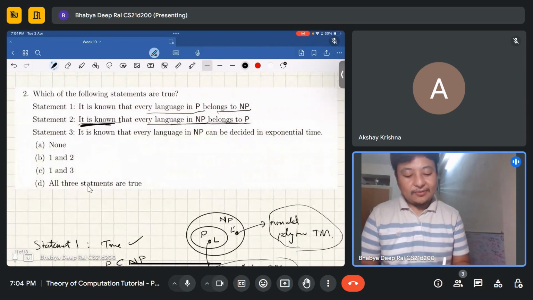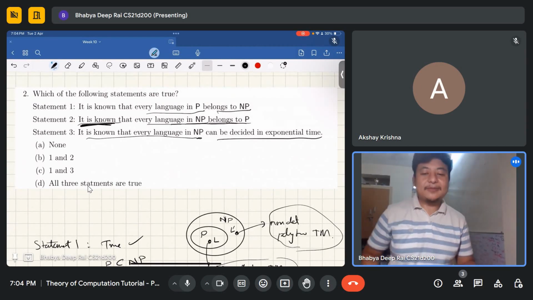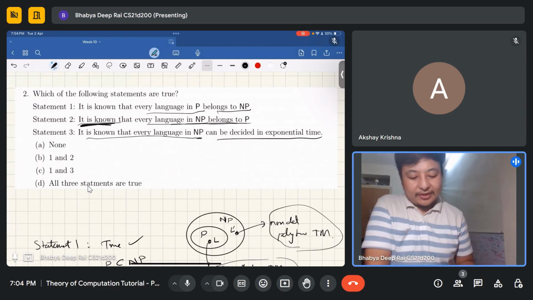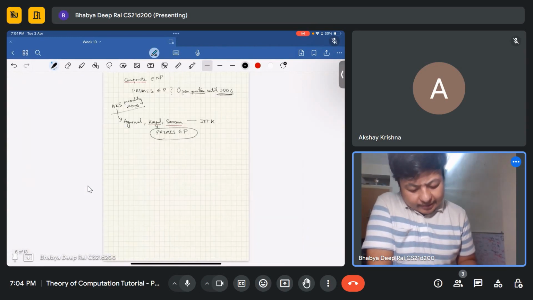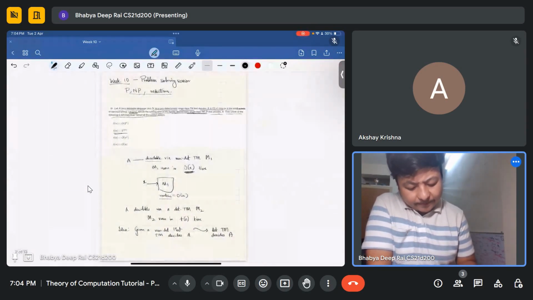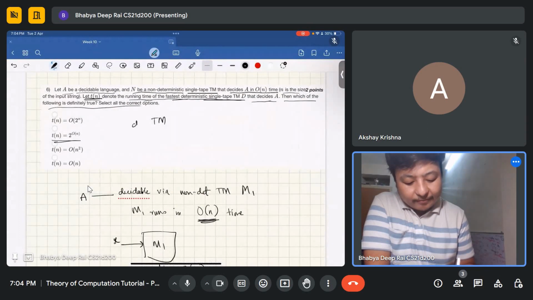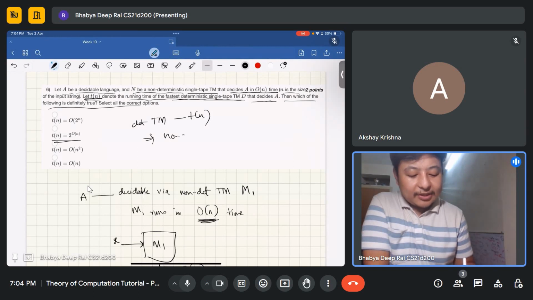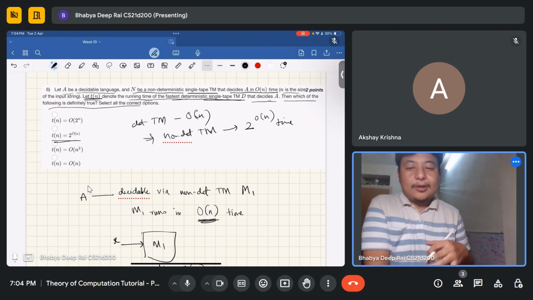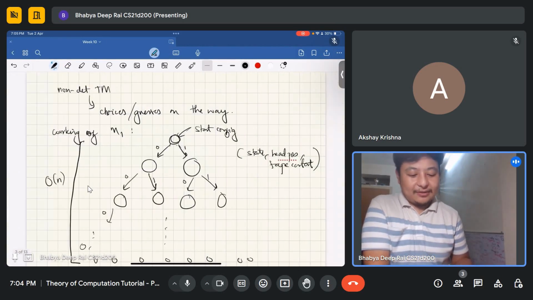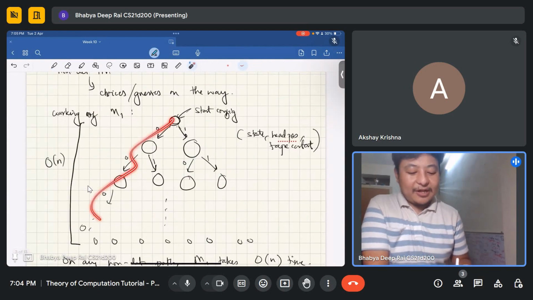Finally, statement 3 says it is known that every language in NP can be decided in exponential time. This is true. We saw this already. Here, a non-deterministic Turing machine takes order n time, and a deterministic one simulating it takes 2 to the order n time, using the same approach where I explore every path.